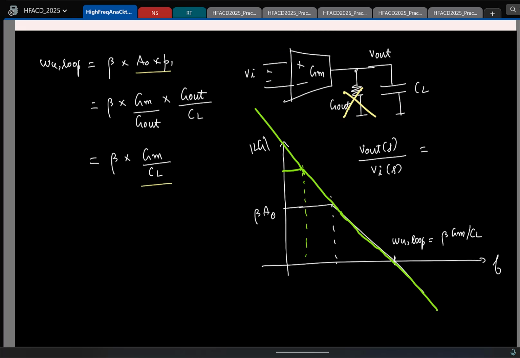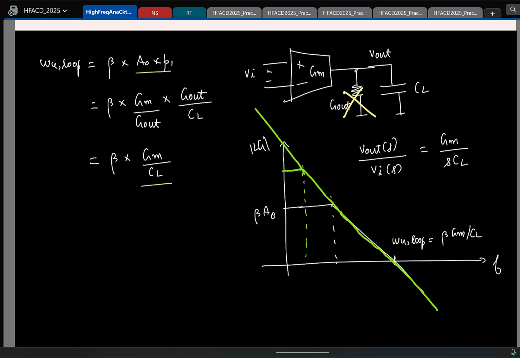GM times Vi. Where will this current flow? Into the capacitor. GM times Vi flows through a capacitor. What is the output? GM by sC. And what kind of a block has 1 by S kind of behavior? An integrator. So ideally, with an OTA, all we are trying to emulate is the behavior of an ideal integrator.